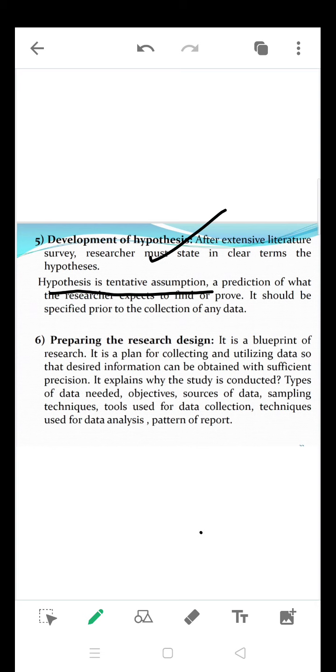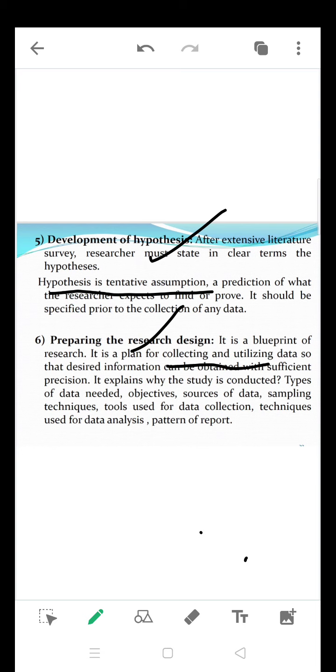Next one is preparing a research design. Research design is just like a blueprint of how you want to carry on your research process. Up to the fifth step, defining a problem, identification of the problem, setting objectives, hypothesis, literature survey, everything is a preliminary step, and preparing a research design is a major step. It is exactly a blueprint of a research. This plan is going to help a researcher in collecting and utilizing the data.